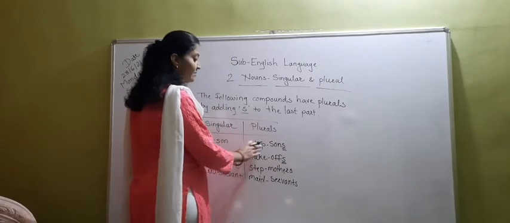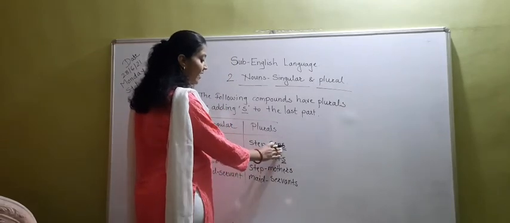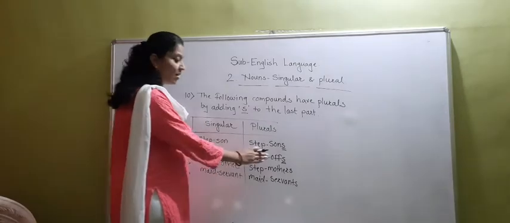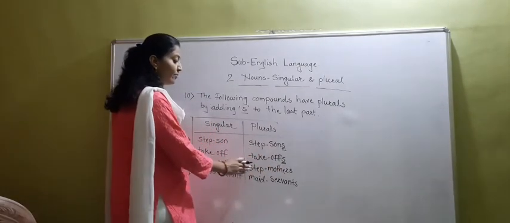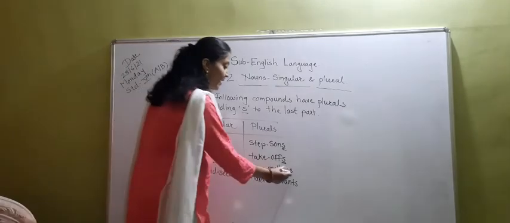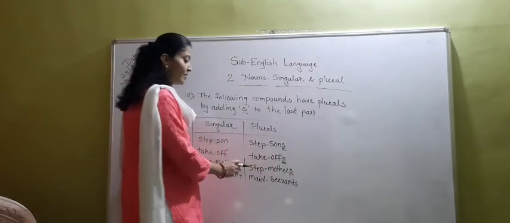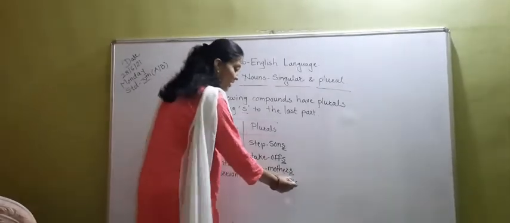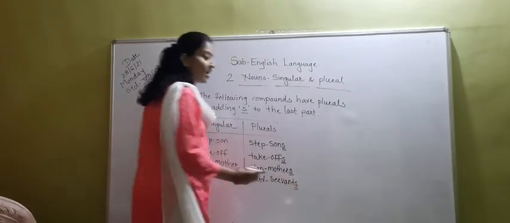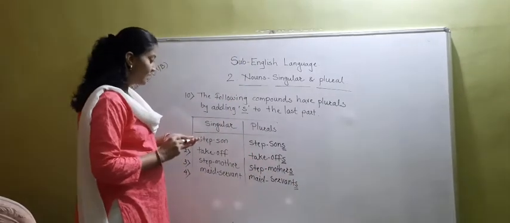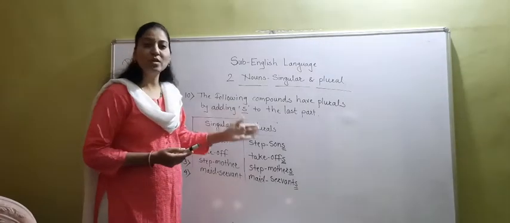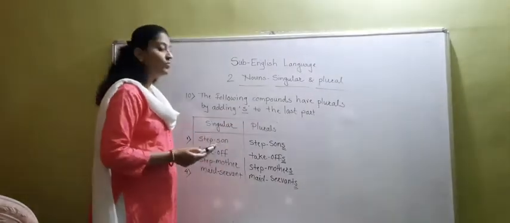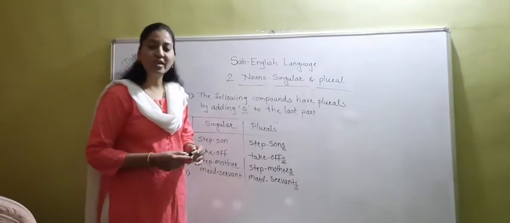Stepsons, we have added s to this word. Take offs, we have added s to this word. Then stepmothers, we have added s to the last word. And maidservants, again we have added s to the last word. So this is all about how to make the plural of compound words. I hope that you have understood it very well.